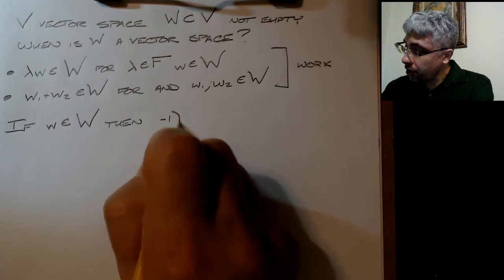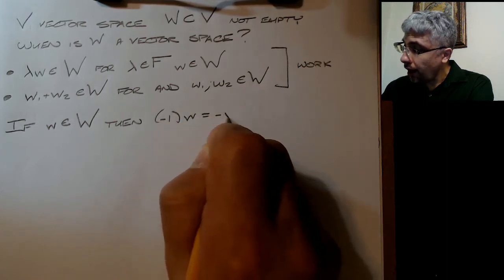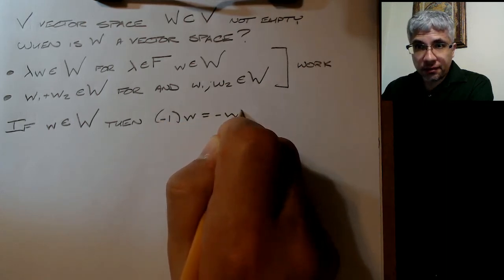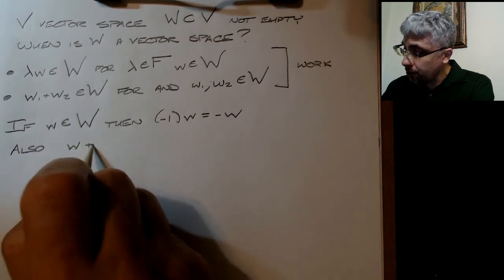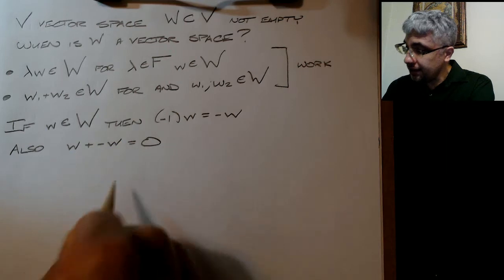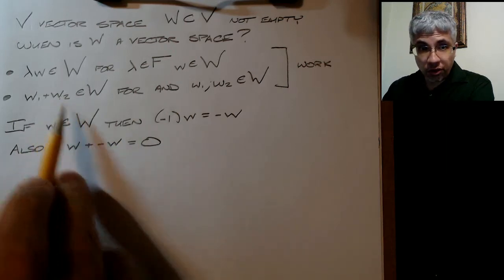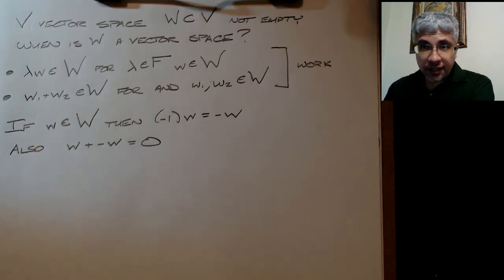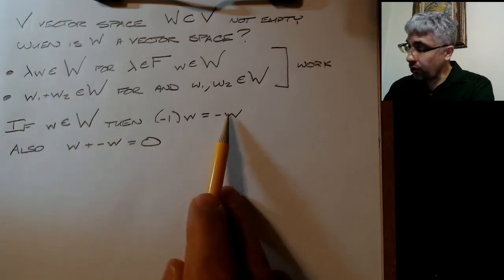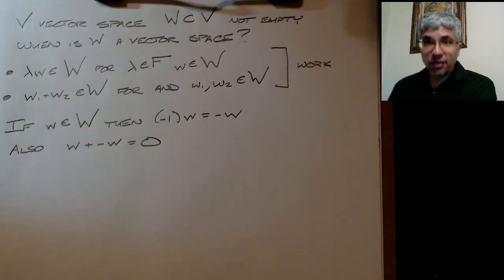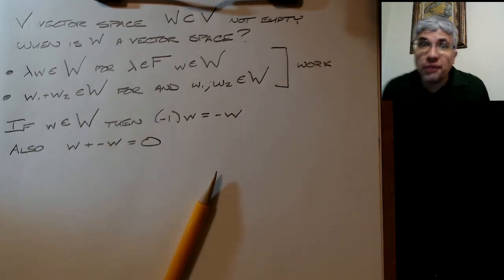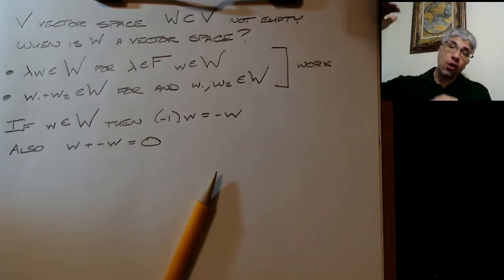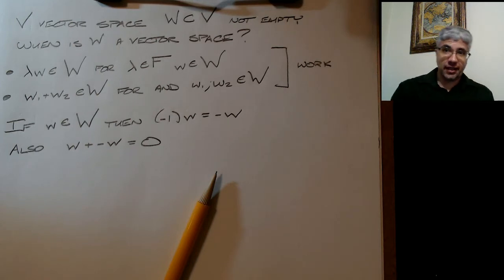Then we already know minus 1W is minus W. And we also know W plus minus W is 0. So if we have this rule, then we get a 0. And if we have this rule, we get the inverse. So we get everything from just these two rules. The only thing we need to check is closure, and all the rules are automatically satisfied.